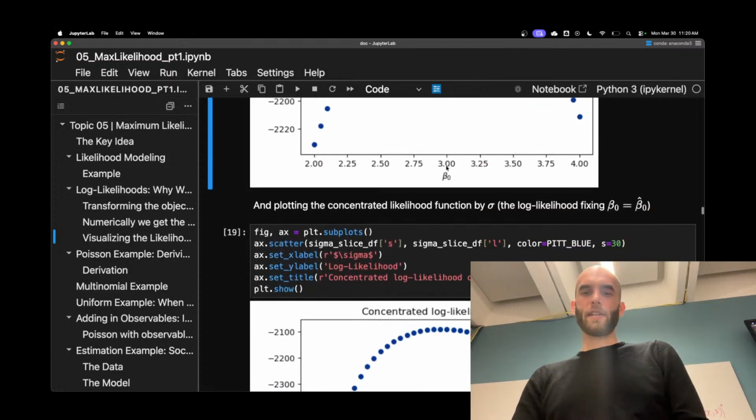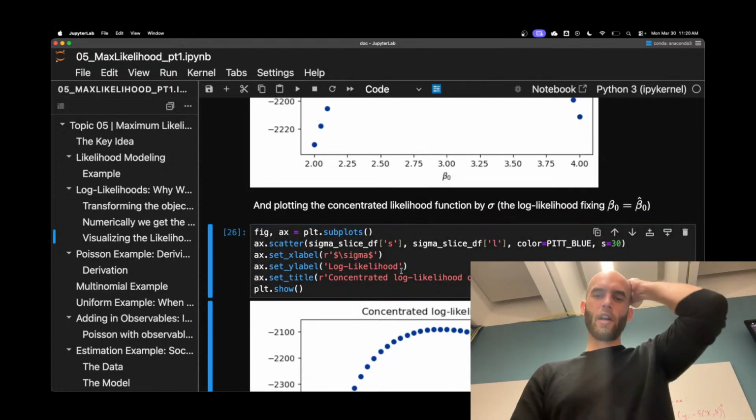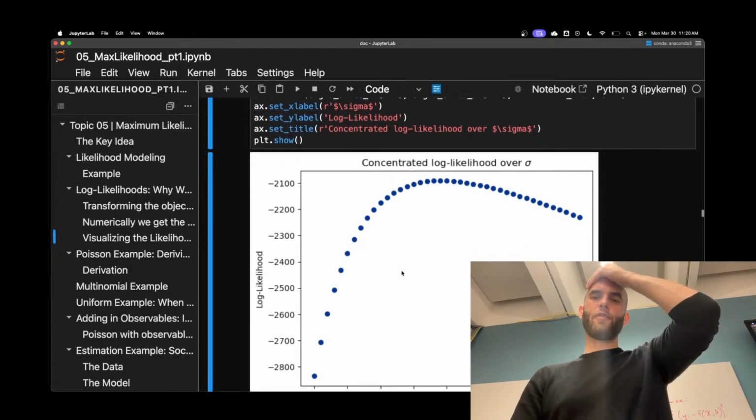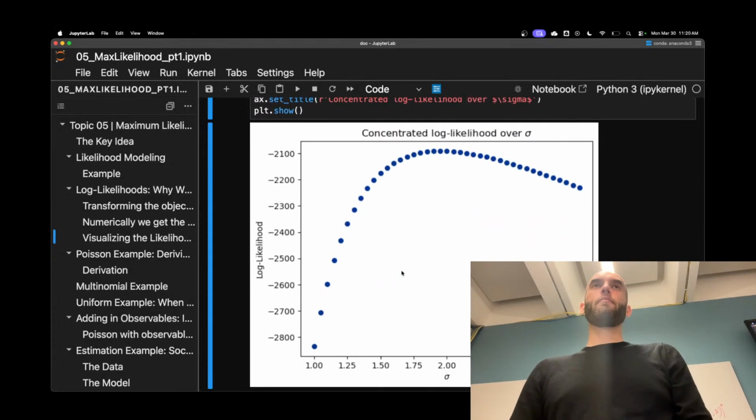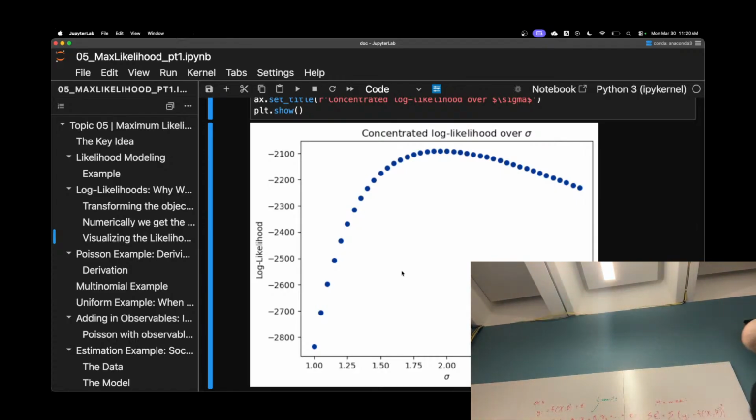Okay, no surprise there. And then this is a picture of the concentrated log likelihood function over thetas. This looks a little bit different, but the main idea is the same. What the minimizer did is try to find the maximum, or the maximizer found the maximum because we took the negative.